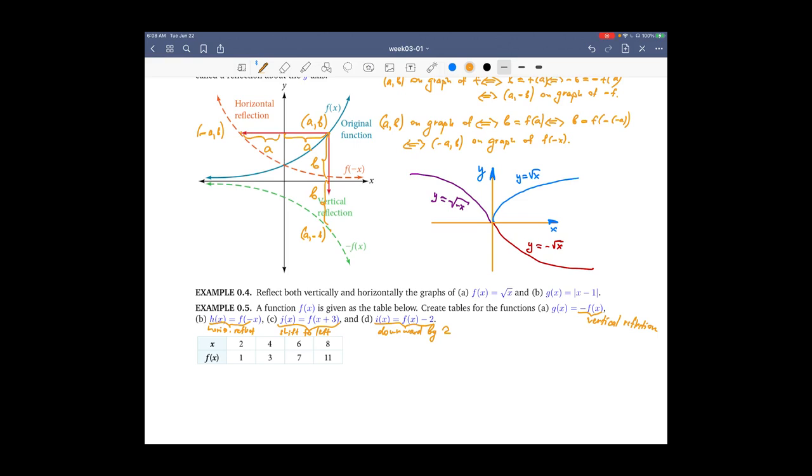First of all, let us know the important fact here. The domain of the functions g and the function i is the same as that of f.